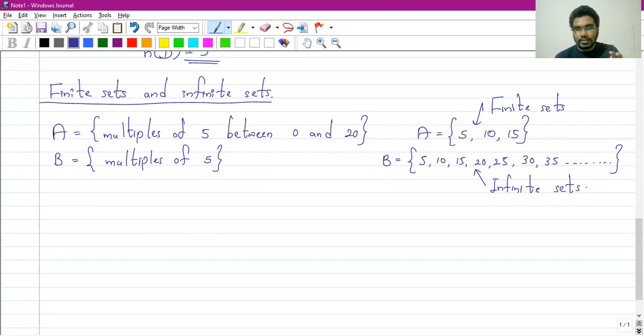And if those sets do not have a specific number of elements, and have many elements with no specific number, we say infinite sets.